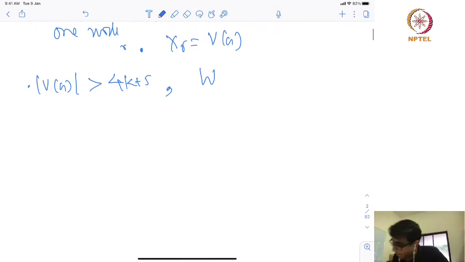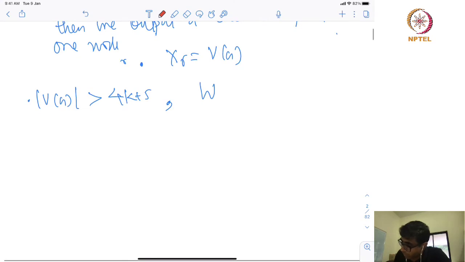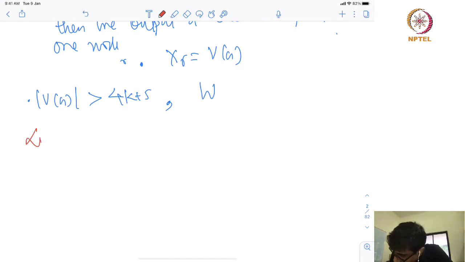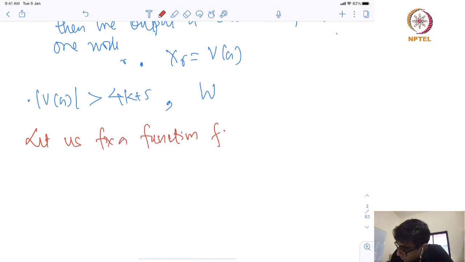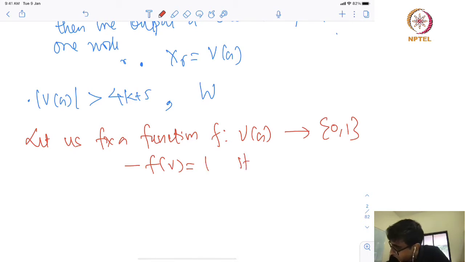If you recall correctly, how did our algorithm proceed at this point of time? We said, let us fix a function f from V(G) to {0, 1}, such that f of v is equal to 1 if v belongs to W, and 0 otherwise.